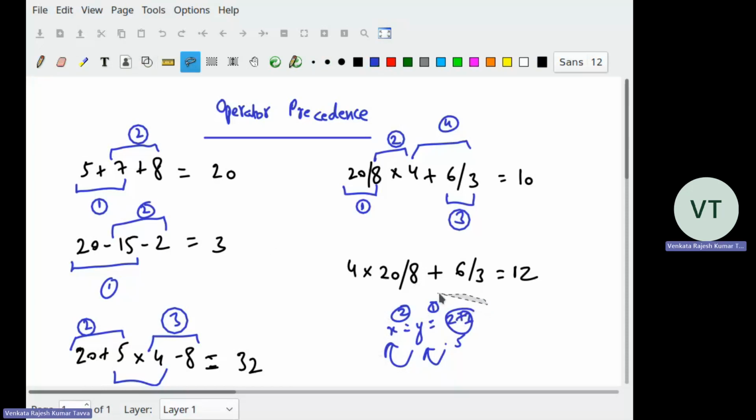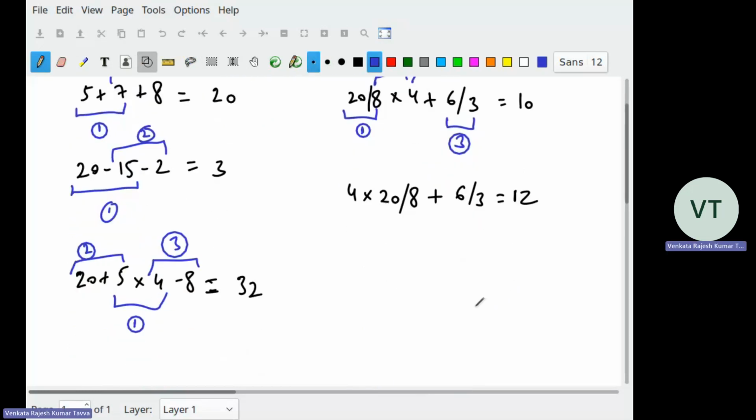Okay, but the point here is, 3 operators, that is multiplication, division, and modulus also, all of them have higher precedence than addition and subtraction, right?